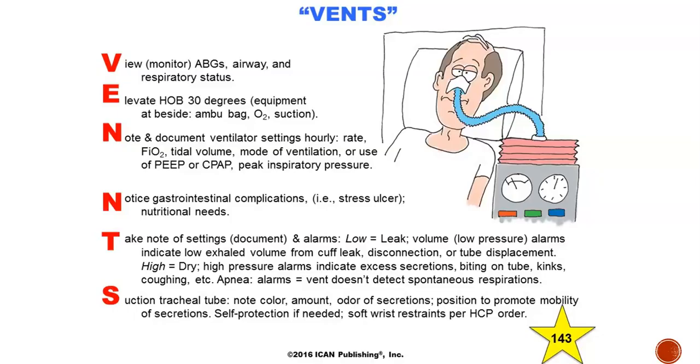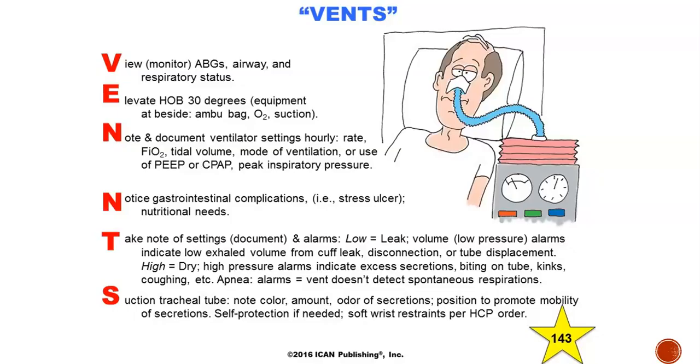So we haven't talked about low versus high pressure alarms. Low is going to probably be a leak. We're losing volume. So low pressure alarms indicate low exhaled volume from a cuff leak, a disconnection, or a tube displacement. If we have a high pressure alarm, then we're dry, okay?